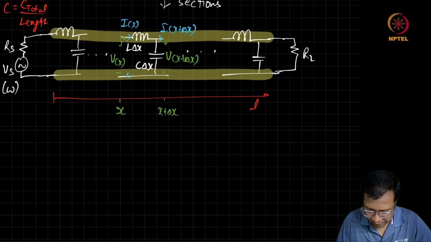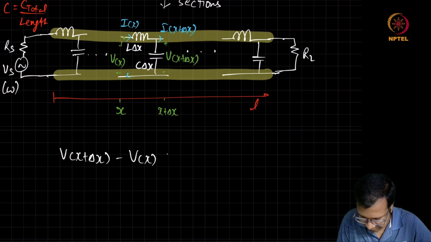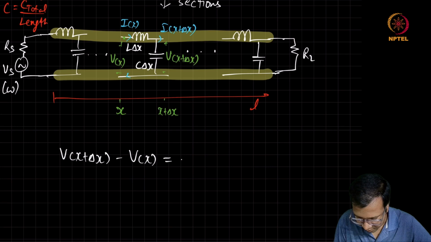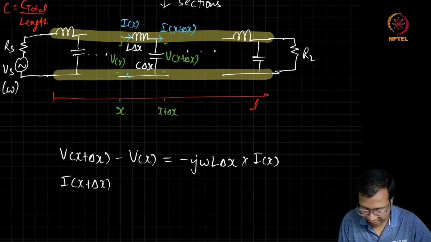The voltage drop across the inductor can be written as V of x plus delta x minus V of x. As we can see, current is going from V of x to V of x plus delta x, so the drop is negative, equal to minus j omega L delta x times I of x. Similarly, we can also write the change in current as you move from x to x plus delta x.